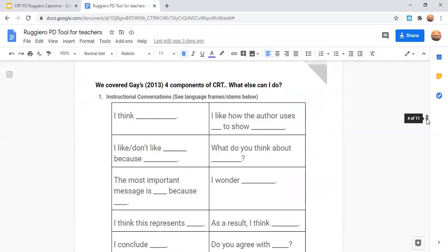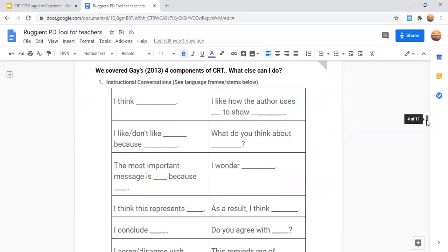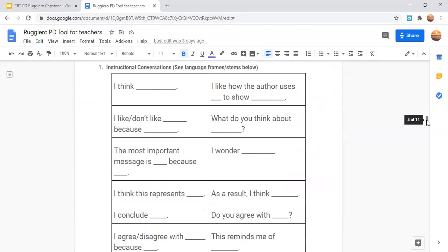Just by printing these out and having them on the table, maybe laminate them so students could even take a dry erase marker and write on them if they need to take notes before they say something. These are just good tools, and if they're used universally in classrooms, then by the time students hit the middle elementary grades, they will already know these, they will have practiced these, and they might not even need these charts. So frames are a perfect way to help students engage in instructional conversations.